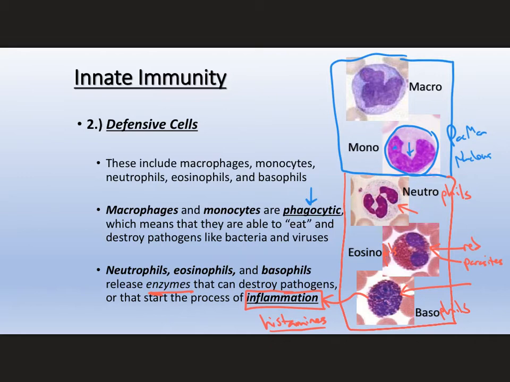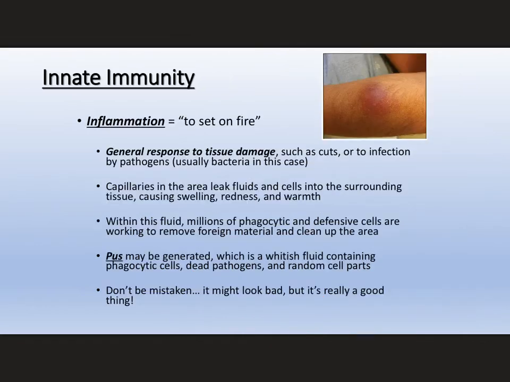Now, let's delve a little deeper into this inflammation idea. Inflammation comes from, I think, a Greek word, inflammare, which means to set on fire. The reason they initially referred to this as inflammation is because it involves redness and warmth.